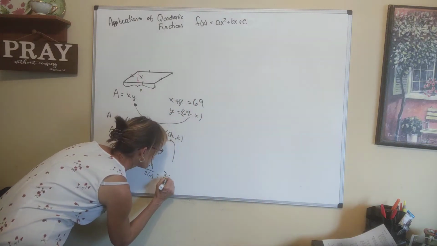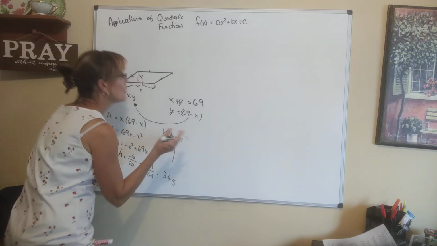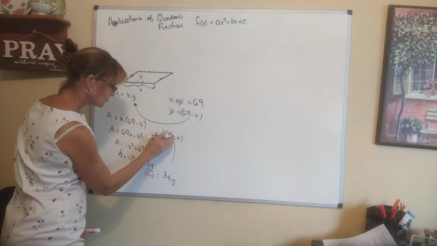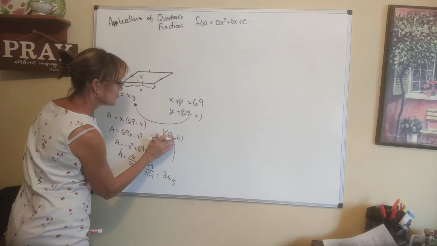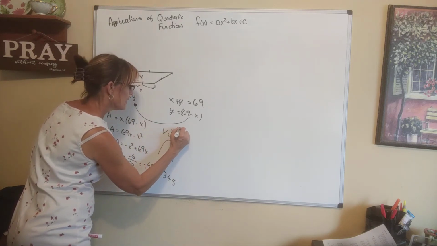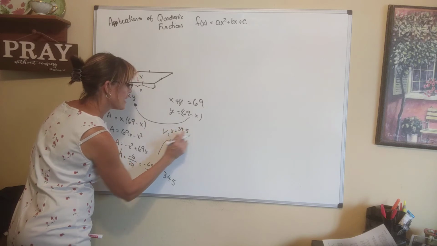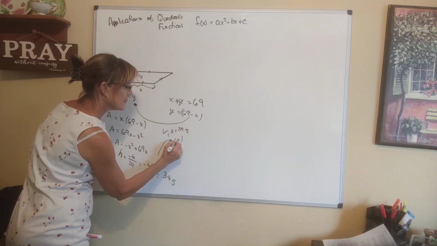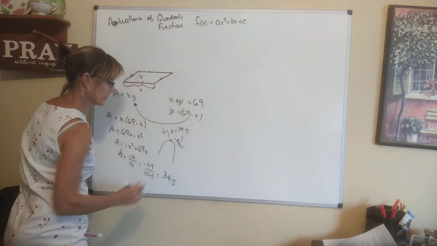H is 34.5. What is that? That is the value that X needs to be. So X needs to be 34.5, and then this will give me the maximum area if I plug in 34.5.